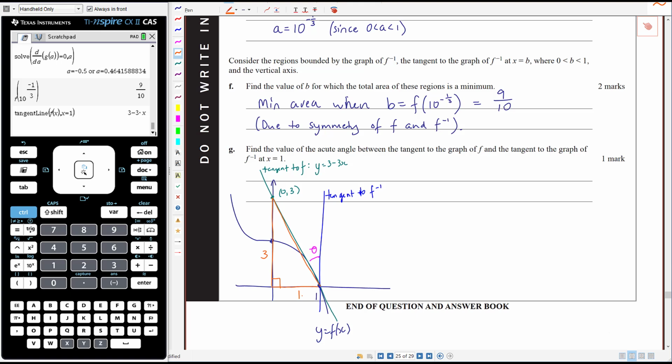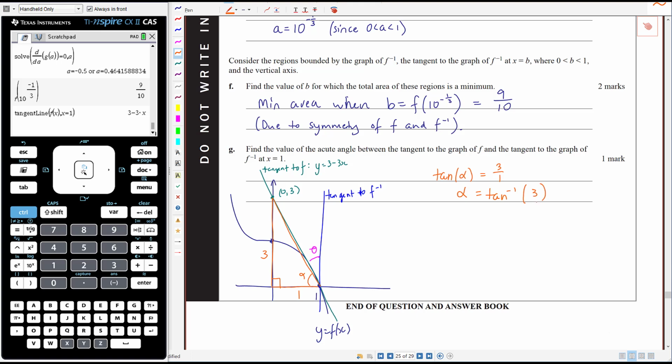We know that distance is 3, we know that distance is 1, we can therefore find that angle in there. Okay, so we know that tan of alpha is equal to 3 over 1, so alpha is inverse tan of 3.